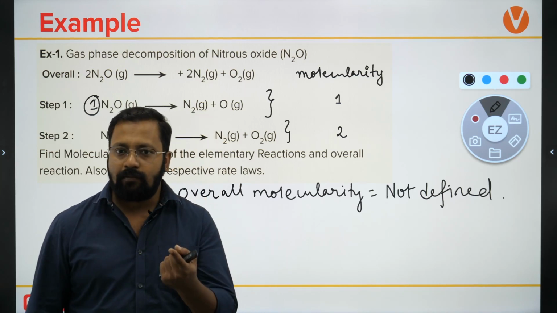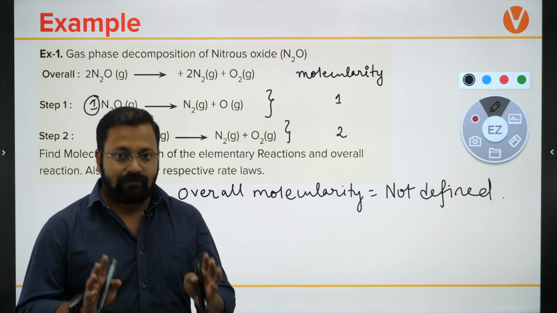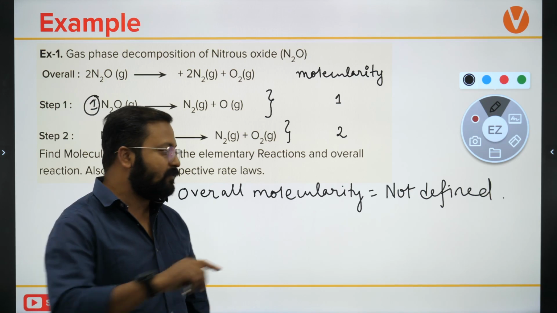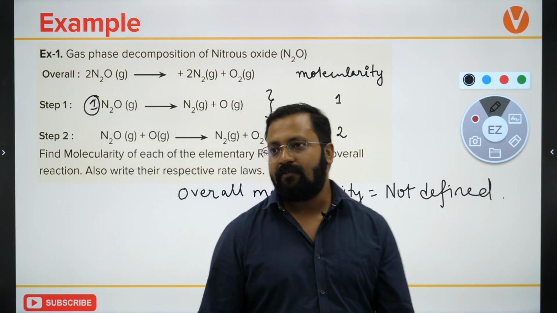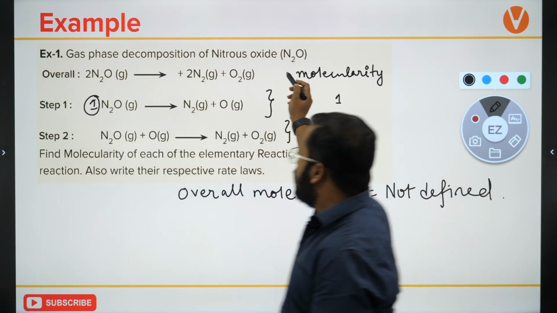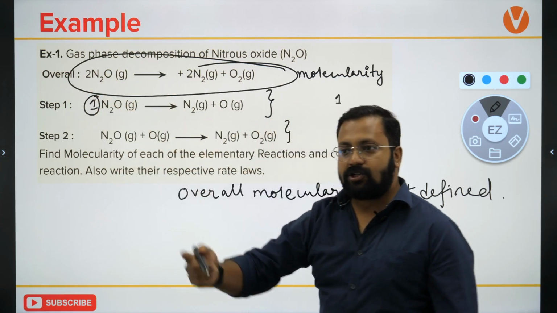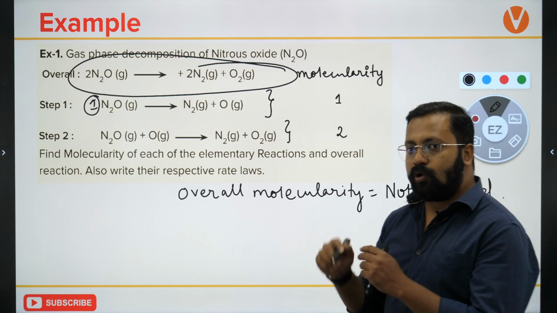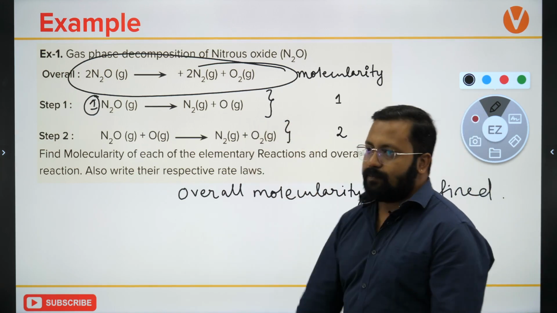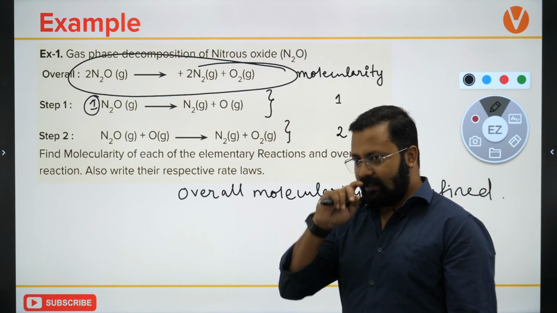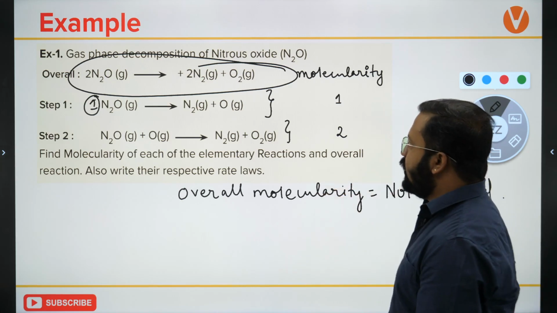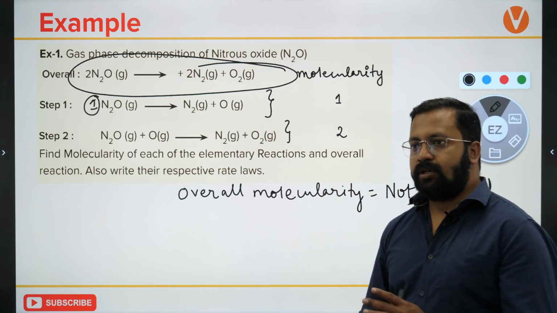Molecularity has to be 1, 2, 3, at the max 4, cannot be fractional, cannot be negative. Molecularity is not defined for a multi-step process. For an overall reaction, molecularity cannot be defined because the reaction takes place in more than one step. Is that understood? Molecularity cannot be defined for the overall reaction.